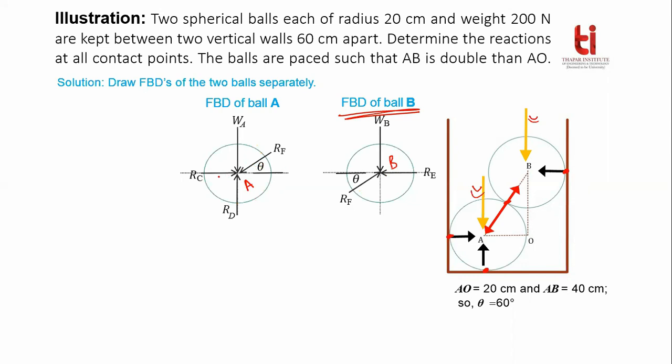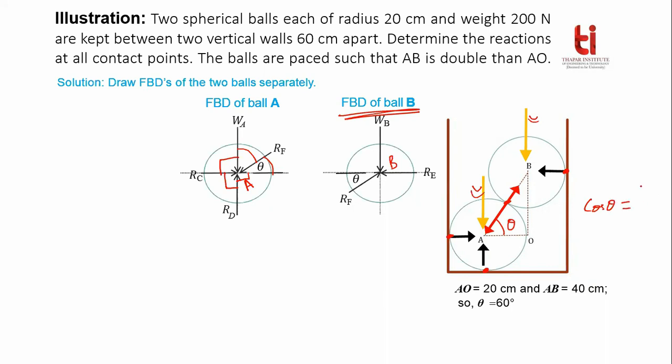Now you can find out all the angles. This angle is 90 degree, this angle is again 90 degree, this angle is 90 degree. What will be this angle? You can find this angle theta with the help of this information, that AB is equal to 2AO. Easily you can find theta using cos theta.